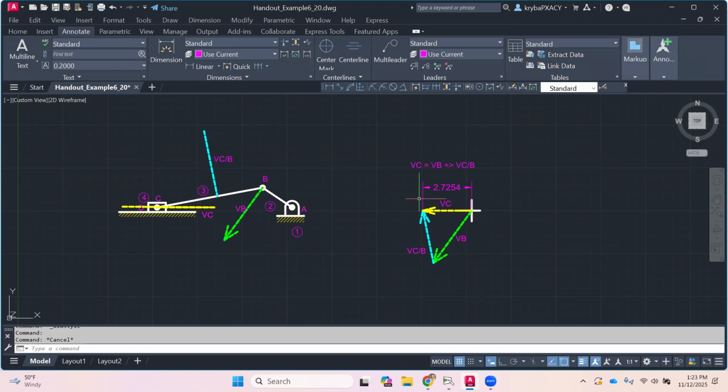Okay, what do you think about that? So your dimension, I guess my point was, Lars, you have 2.7235. That is way close enough. That's to the third decimal place.